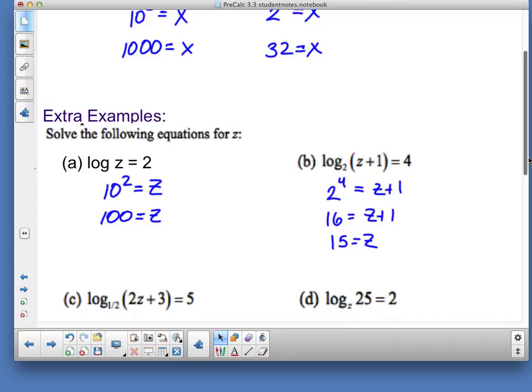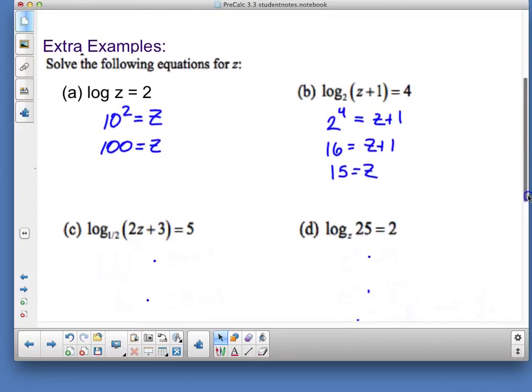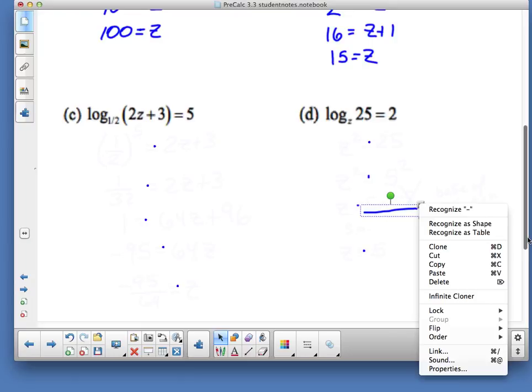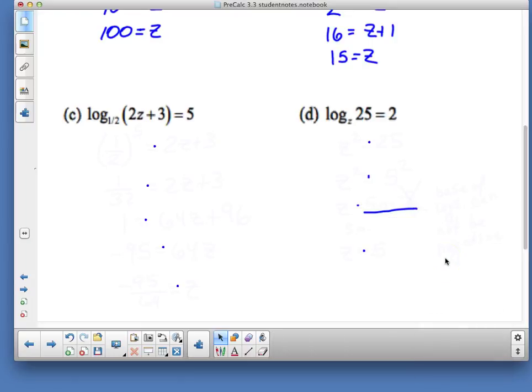Try doing that method to solve for z in problem C. Good. So you guys are solving for z in problem C.